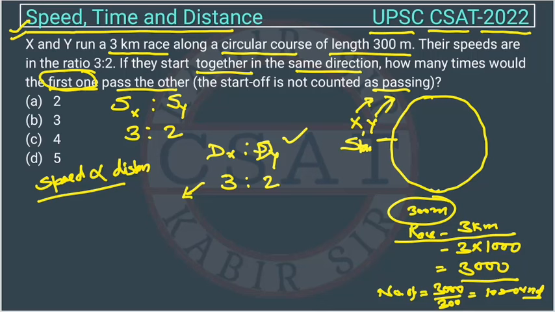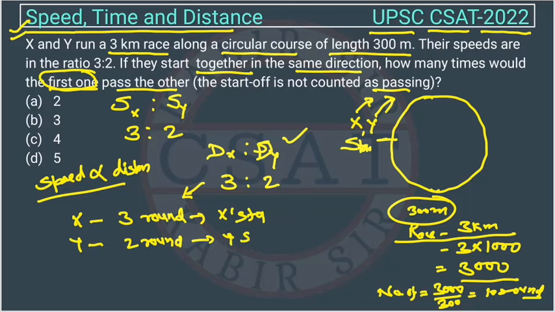It means when X completes 3 rounds, in the same time Y will complete 2 rounds. 3 rounds completed means X is at the starting point, and 2 rounds completed by Y means Y is at the starting point. So X completed 3 rounds and Y completed 2 rounds and they are meeting at the starting point, right?